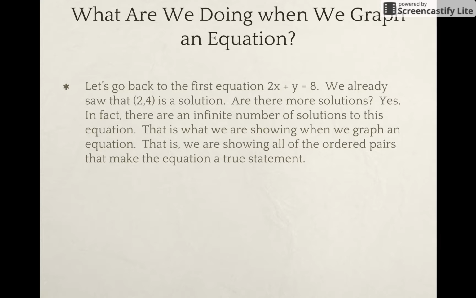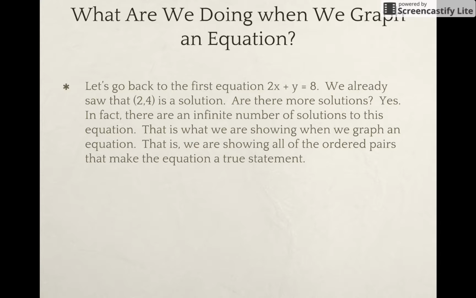So now we ask, what are we doing when we graph an equation? We've probably all seen graphs at some point. What are those graphs representing? Well, we're looking at the solutions to the equation.